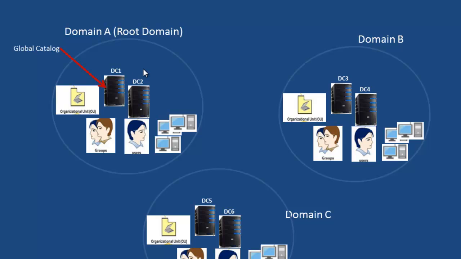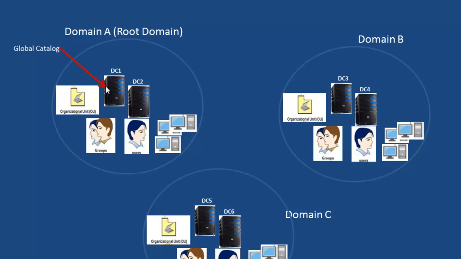Now, your domain consists of users that you create, groups that you create, client computers, organizational units, data, and everything else that goes along with the domain, all the other objects that are necessary for Active Directory to function. The same thing happens in domain B. You have all these objects that you create, and you also have domain controllers.